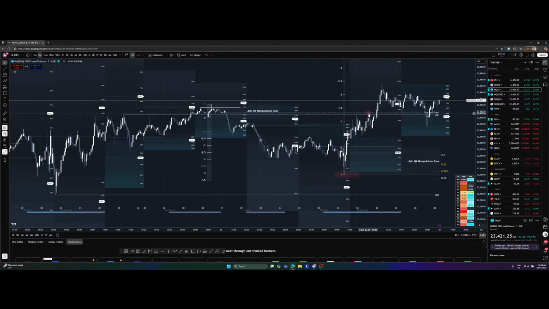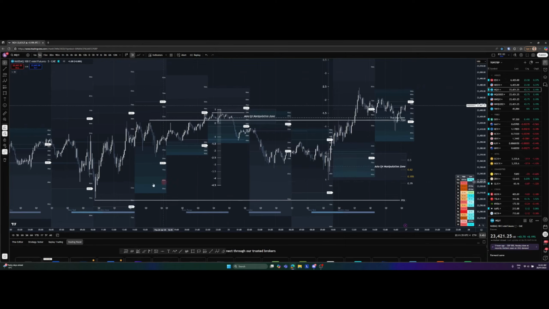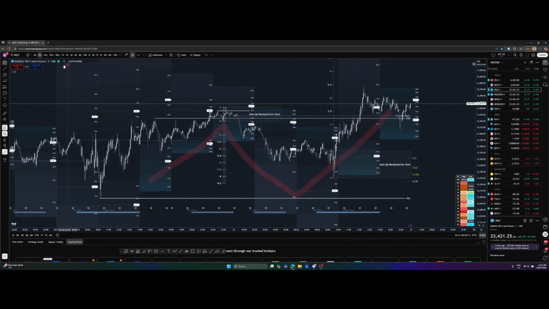And then as we go into our next 4 hour, the 10 o'clock, for continuation, we want internal to external, and we're trying to catch this leg here. We want the expansion of that 10 o'clock H4. So nice order flow there on the 4 hour with C's as well.